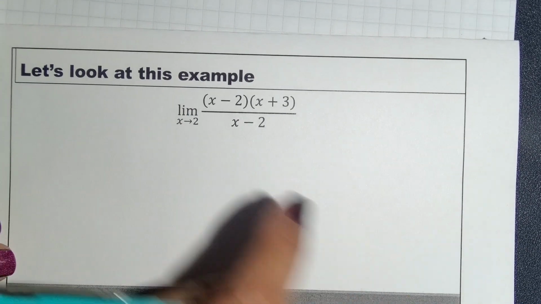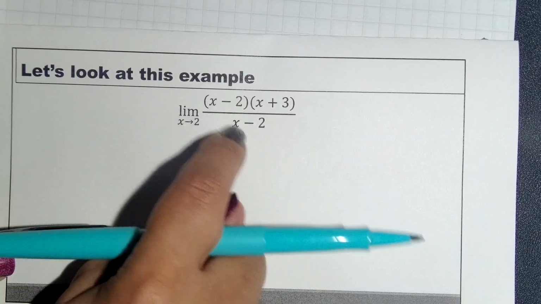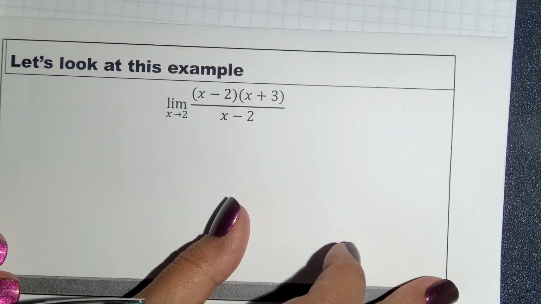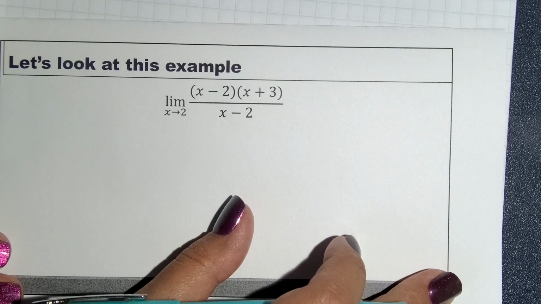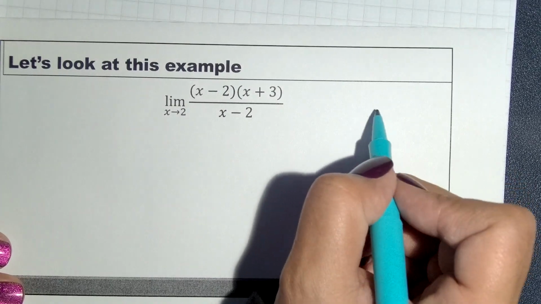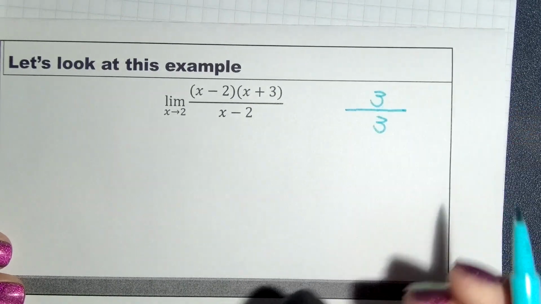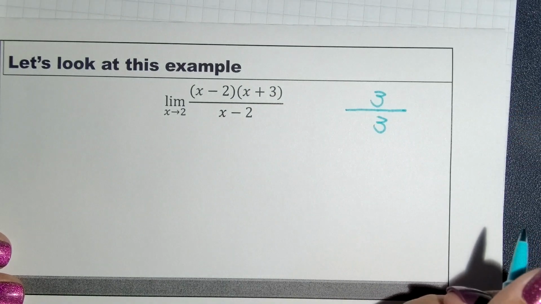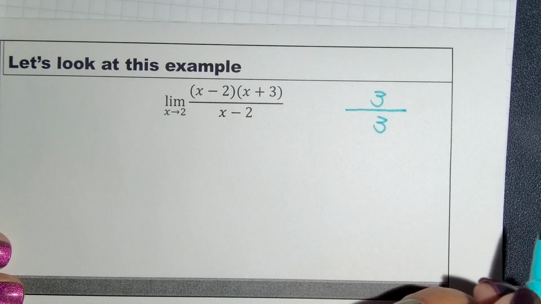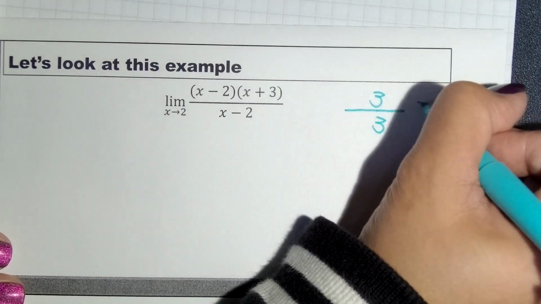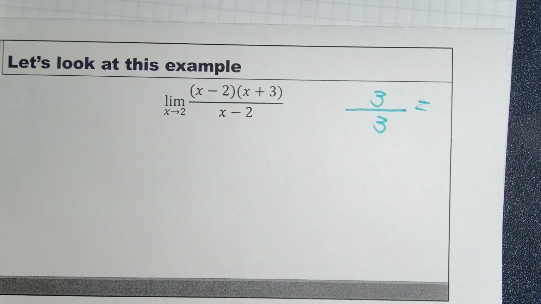Before I substitute in anything, what do you think I can do to these x minus 2's? This goes way back to algebra. Okay, let me do it with a different number. If I had a 3 on top and a 3 in the denominator, what can I do to them? Simplify, right? What would it simplify to? 1, right? So I'm basically dividing them out to be 1.